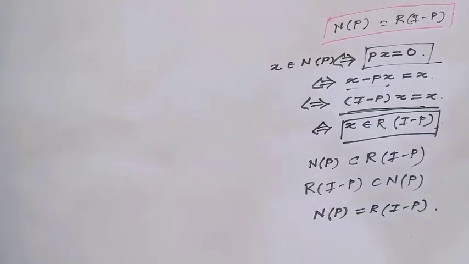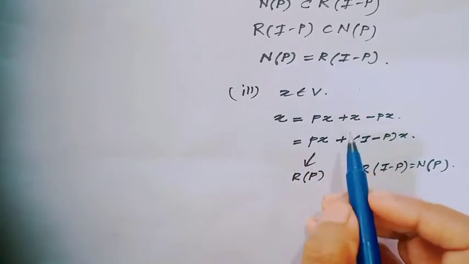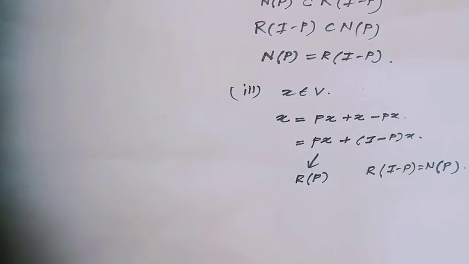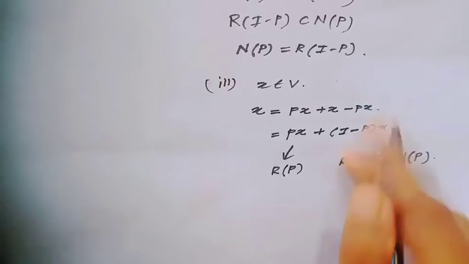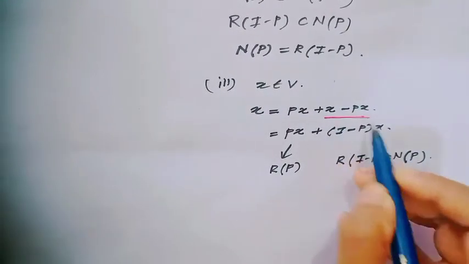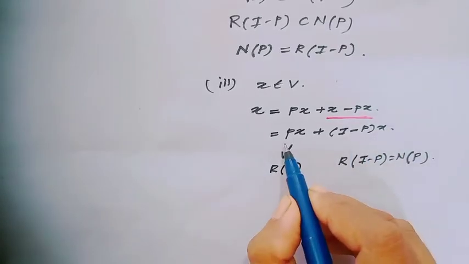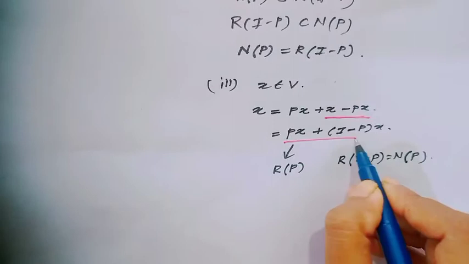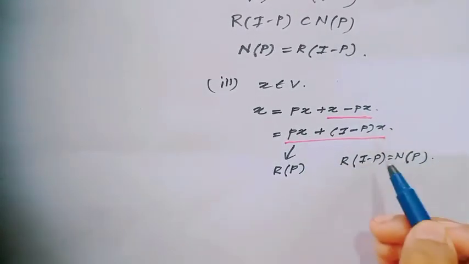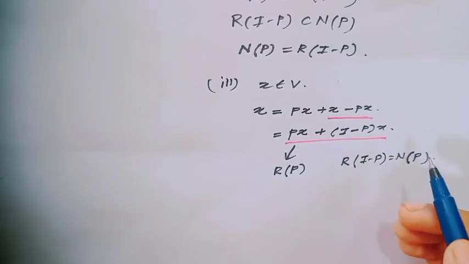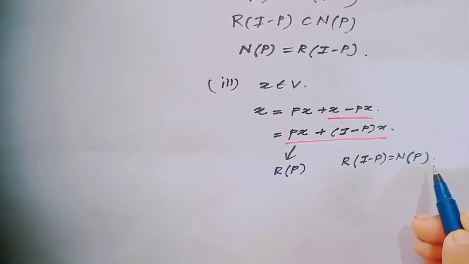Are you getting? Okay. Third, x belongs to the vector space, so we can write x equals Px plus x minus Px, and x minus Px is obviously (I minus P) times x. That means this is equal to Px plus (I minus P)x, where Px belongs to the range of P, and (I minus P)x belongs to the range of I minus P, which is the null space of this operator.